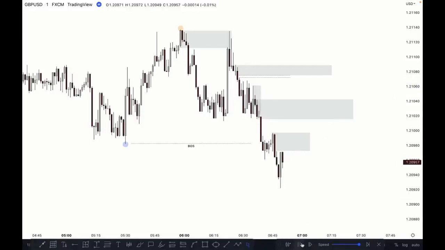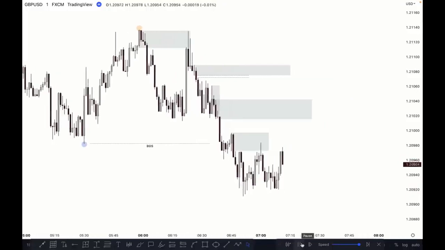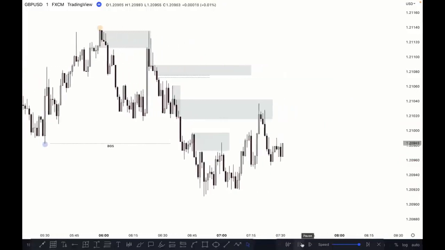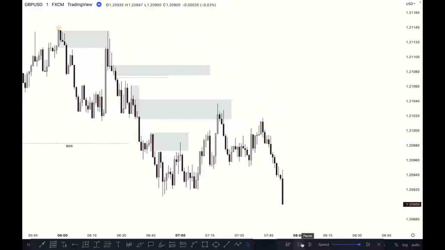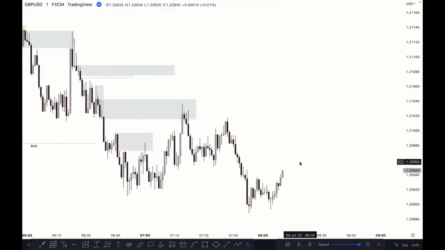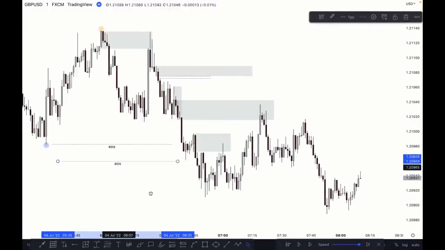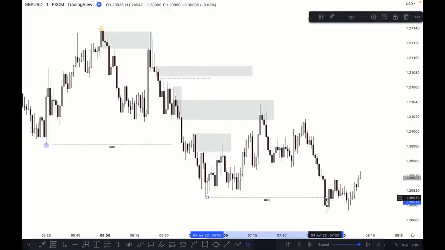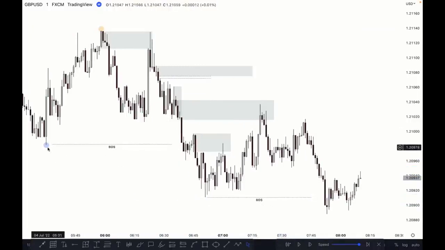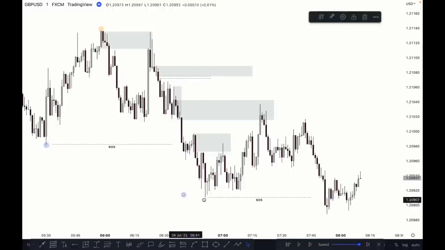We can see here the market pushed downside, took some reaction on the given order block, and then pushed downside. Generally, we can see there is another break of structure here. So how can we identify another order block in a bearish market?